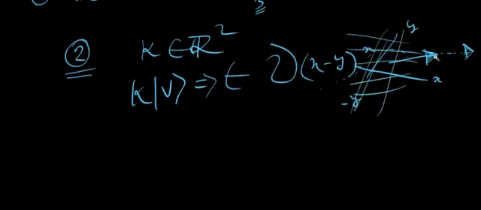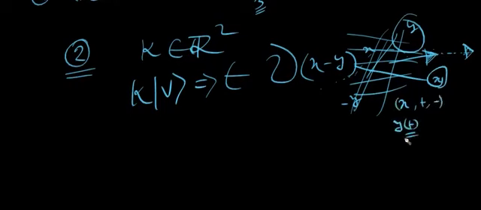If we had taken only x, y, where let's say x can be both positive and negative, but y can only be positive, that wouldn't form a vector space.